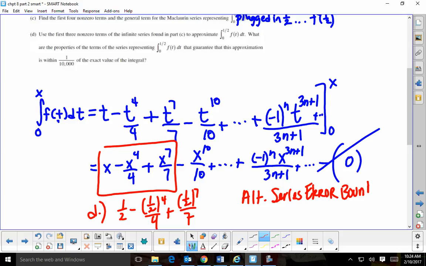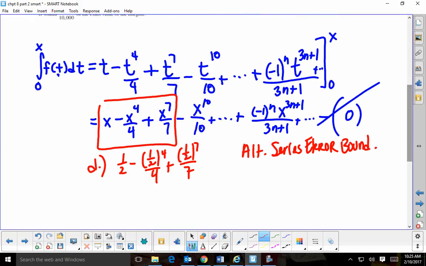And in order to apply this, what do I have to have? Decreasing, and the limit is 0. Okay, so it has to be a convergent alternating series. So are these terms decreasing to 0? Yes. Check. So we have met that condition.